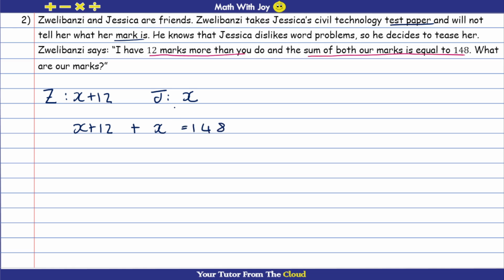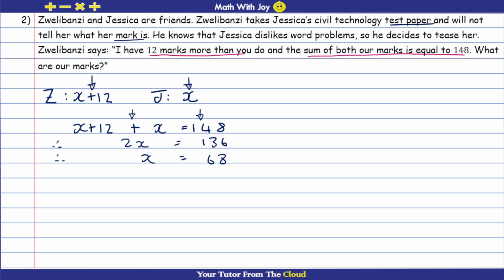So this is exactly like the example I gave you in the beginning, that you're going to make your unknown x, and then you're going to write the other information in terms of your x, and then you're going to find out how they relate, and boom, we have an equation now. So let's solve for this. We're going to have 2x is equal to 136 when you take the 12 to the other side, and we have to divide on both sides by 2, and that's going to give us 68.